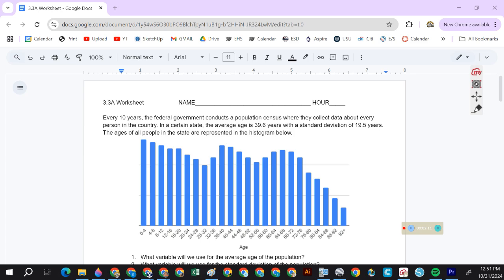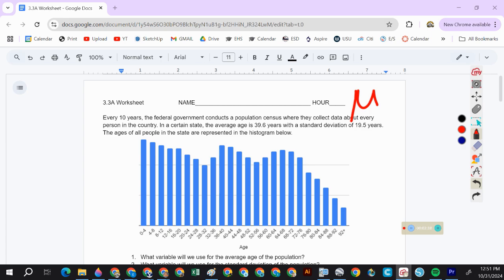So number one asks, what variable will we use for the average age of the population? Do you remember this from the Zybook? You're 0 for 2 today. Mu. So number one is this weird looking, it kind of looks like an M if you tilt your head a little bit, or it's a U with a line down the side.